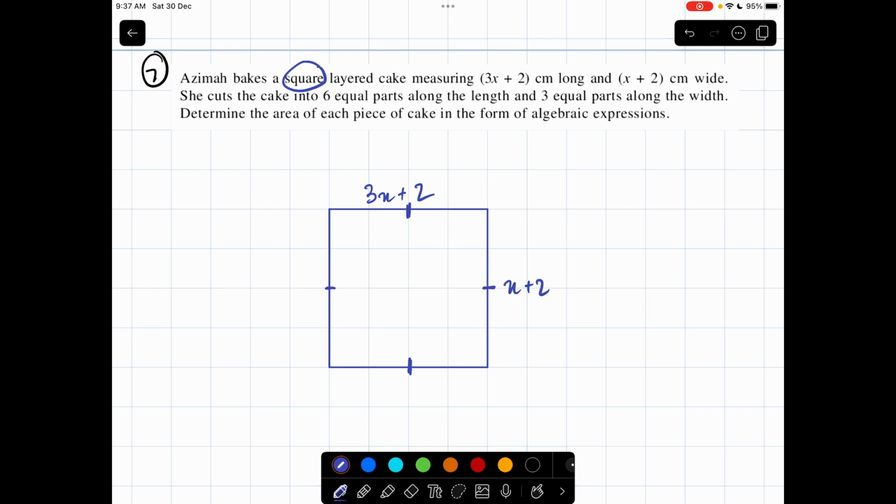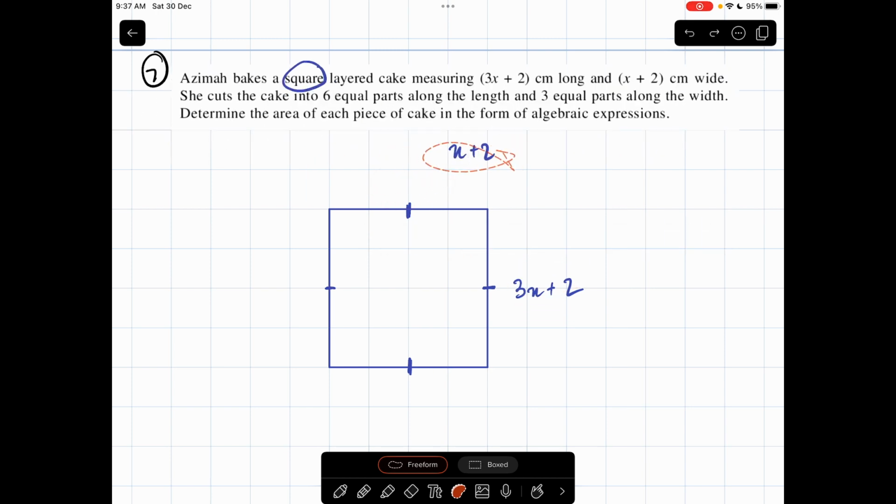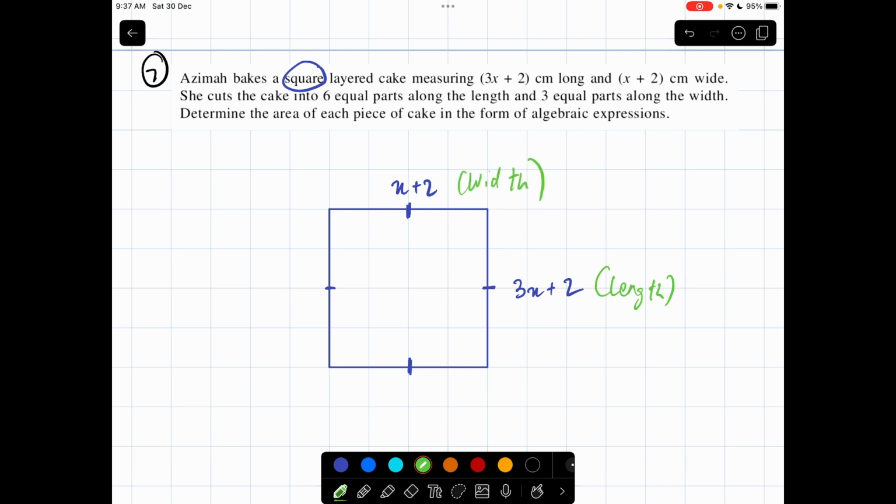So let me rearrange this for better visualization. So this is the length and this is the width. So she cuts the cake into 6 equal parts along the length.